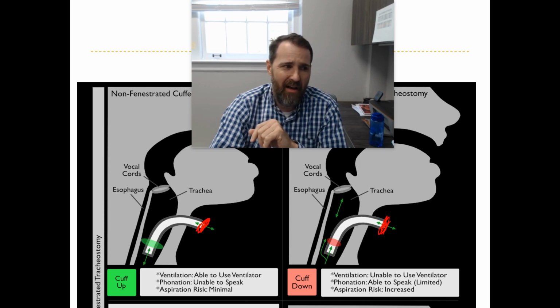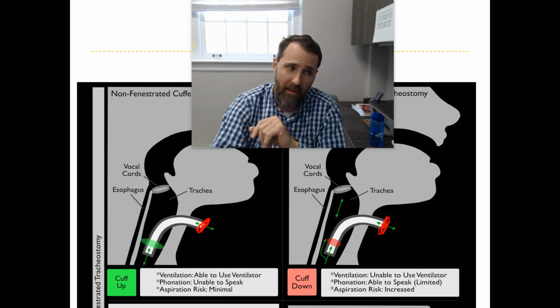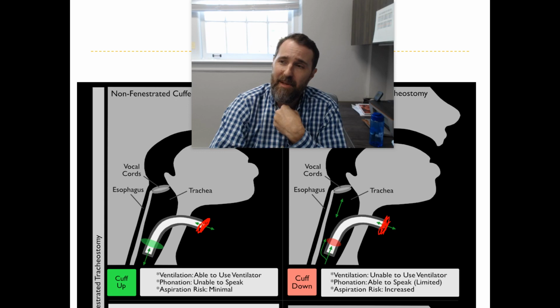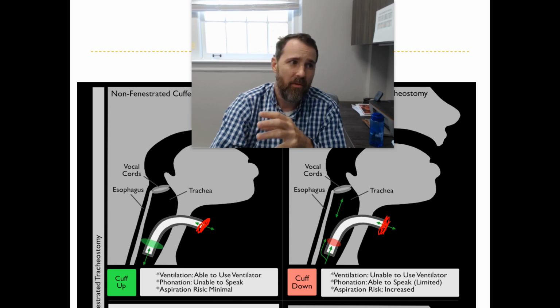So anytime you put a cap on the patient's tracheostomy tube, you have to be on high alert as to what is going on. And usually capping the tracheostomy tube is only something that happens once they get to the point where you're trying to help them wean themselves off of dependency on the tracheostomy tube.